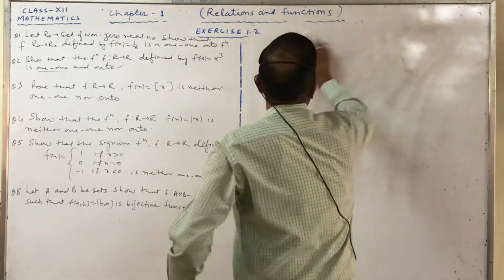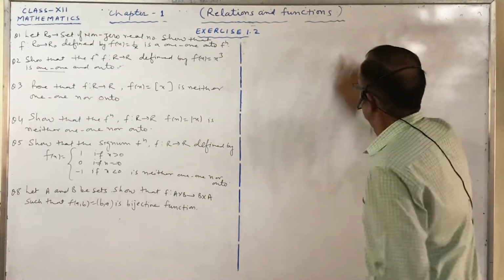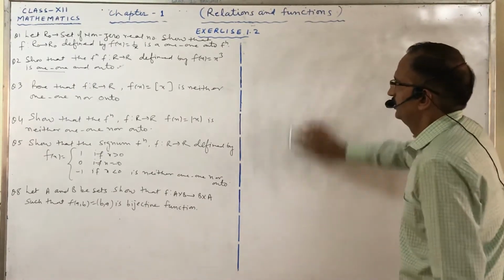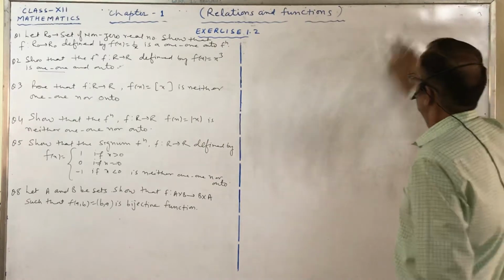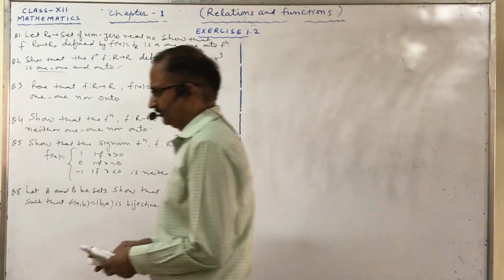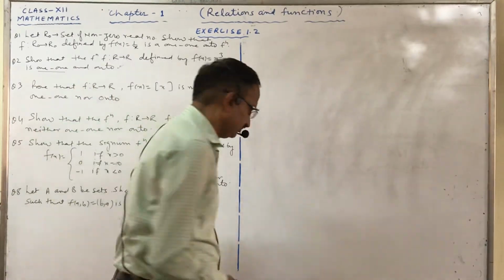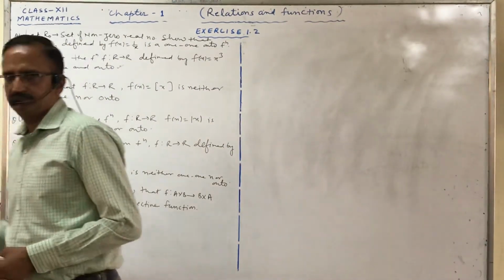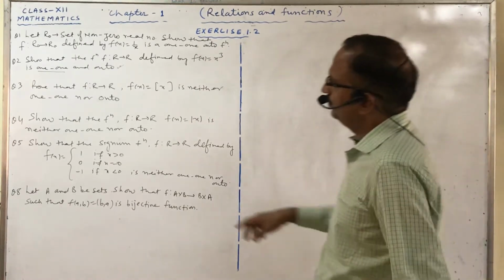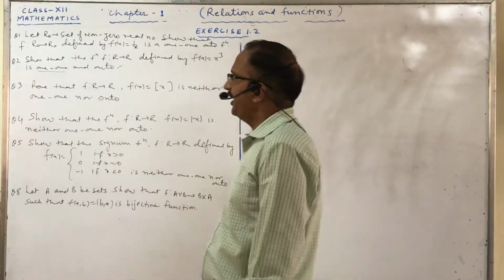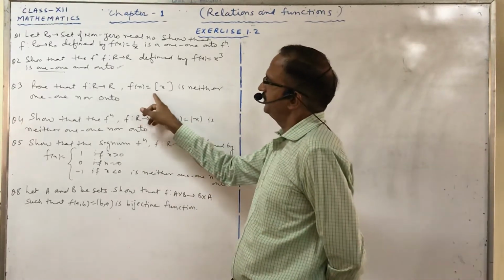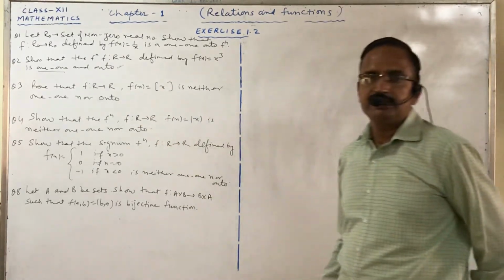Now we will start question number 3. This is also similar to the previous two questions, but there are some slight changes. And the changes are, prove that this function f from R to R, and the function is fx equal to, what is this?